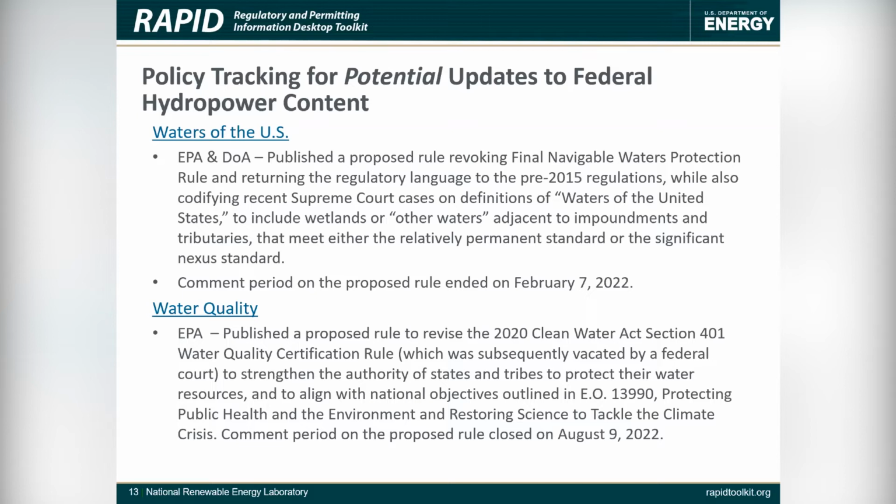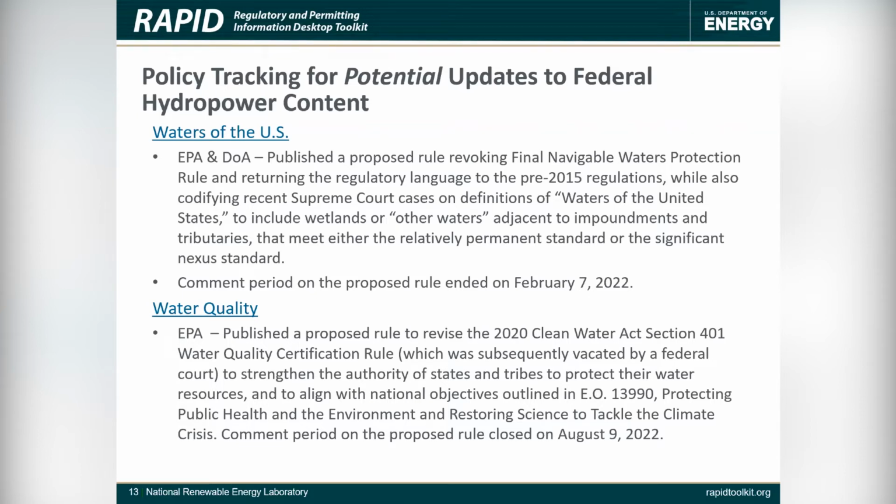On water quality, the EPA published a proposed rule revising the 2020 Clean Water Act, Section 401 Water Quality Certification Rule. That was a Trump administration rule as well that has been subsequently vacated by a federal court.